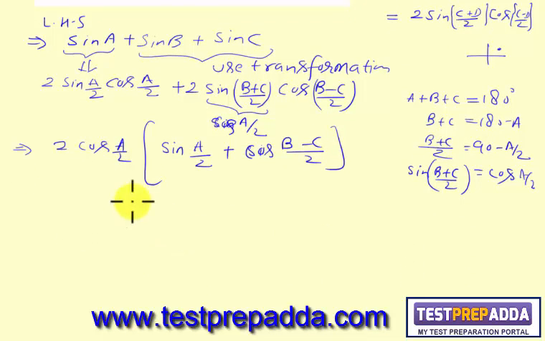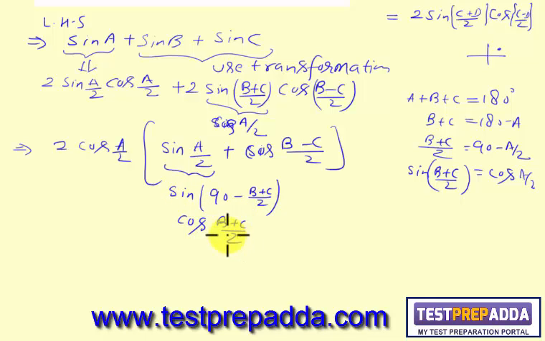Now sin A by 2, in place of that I can write sin of 90 minus B plus C by 2. And sin of 90 minus is what? Cos. 90 minus means first quadrant, the sign will remain positive. So it becomes cos B plus C by 2.